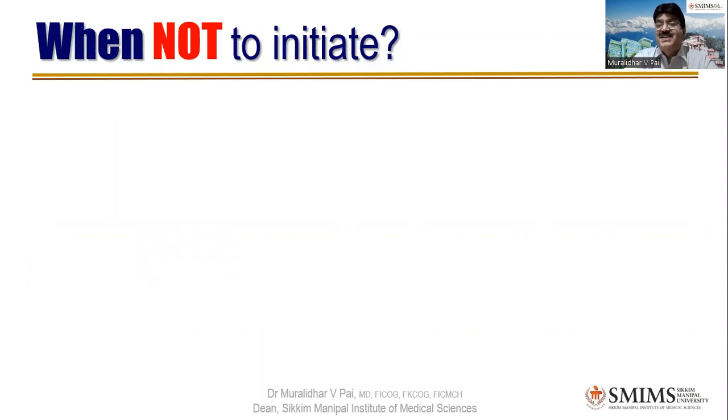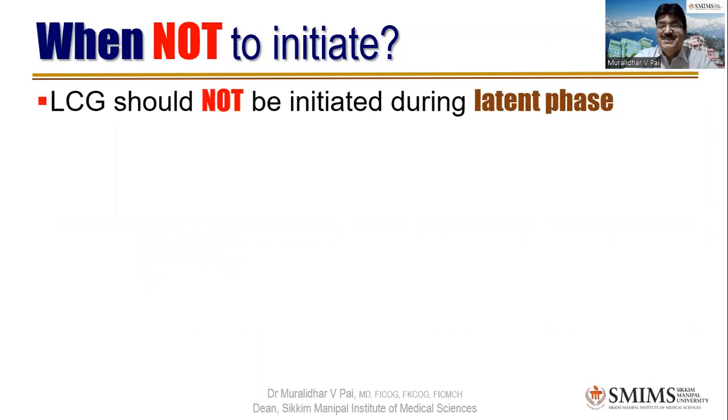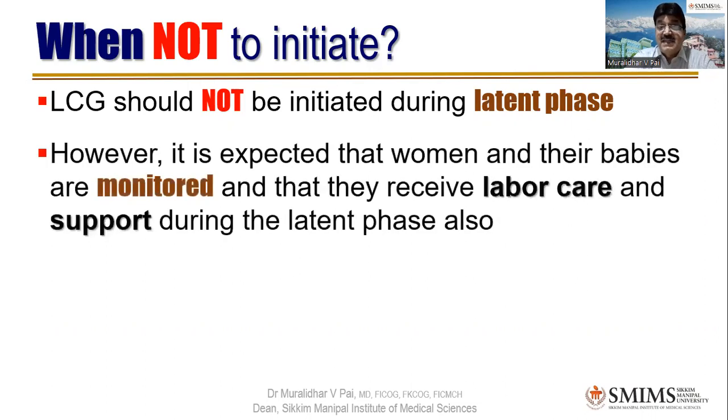When not to initiate, of course, this is putting it in another way: LCG should not be initiated during latent phase. Telling the same thing again and again to impress upon probably all of us. However, it is expected that women and their babies are monitored and that they receive labor care and support during the latent phase also.